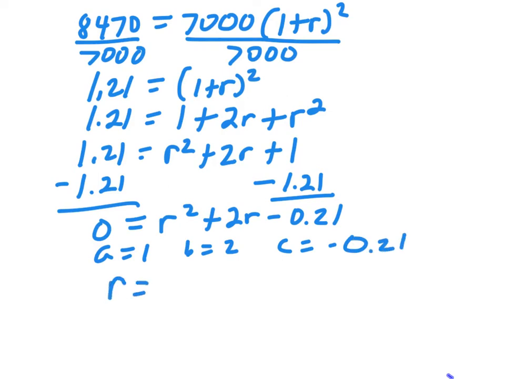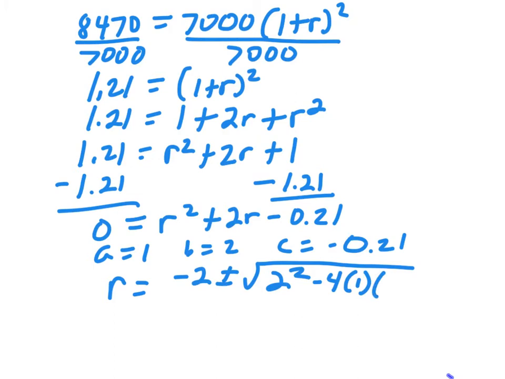So r equals the opposite of B, plus or minus the square root of 2 squared minus 4 times 1 times negative 0.21, all over 2 times 1.